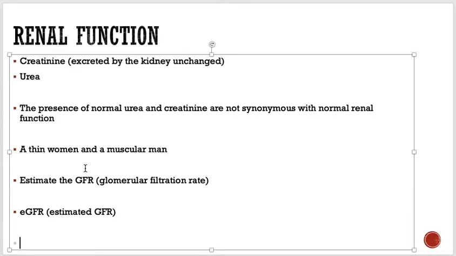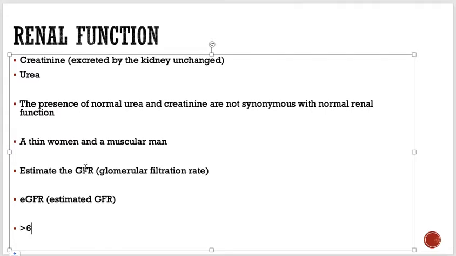Okay, you can say the estimated GFR report is given this way. They will give you a report, for example, greater than 60 milliliter per minute per 1.73 meter square.